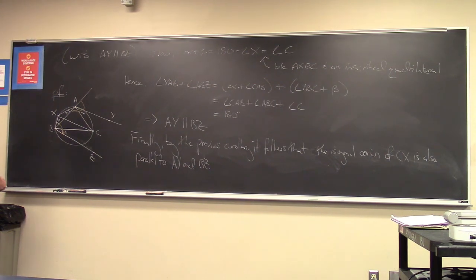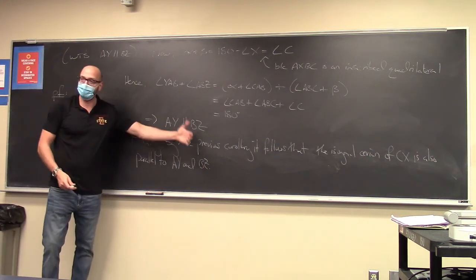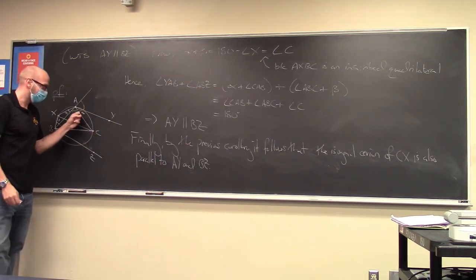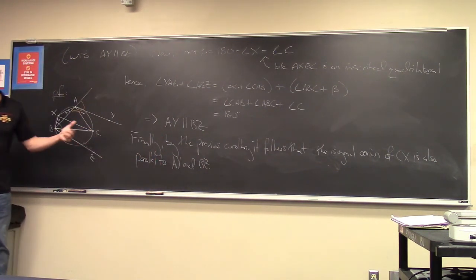Does that make sense? Right, isogonals have to be either concurrent or parallel. Well, if two of them are parallel, the third one has to be as well.